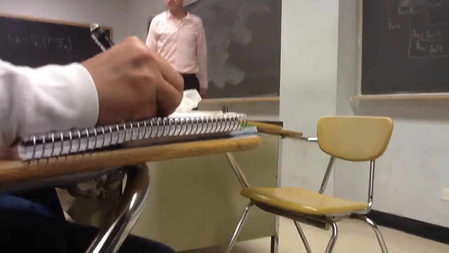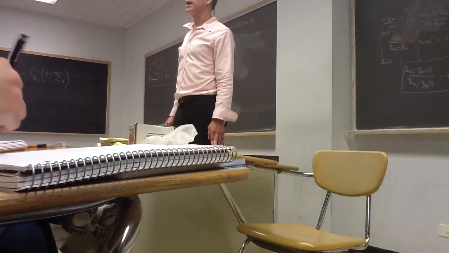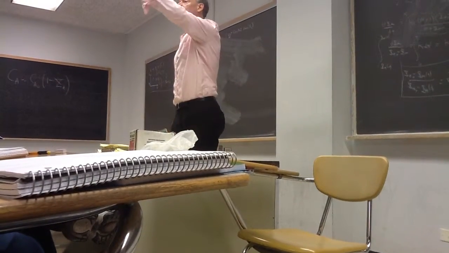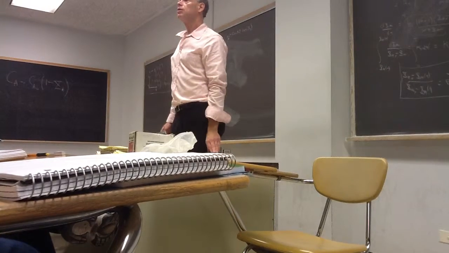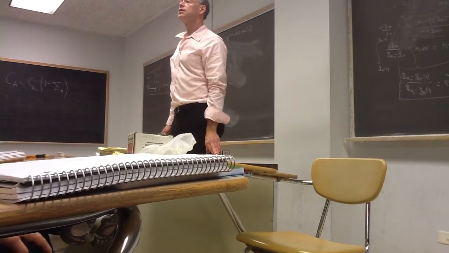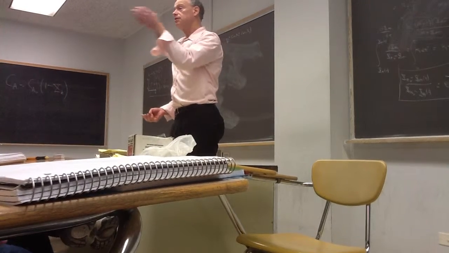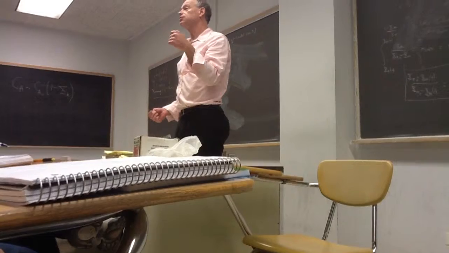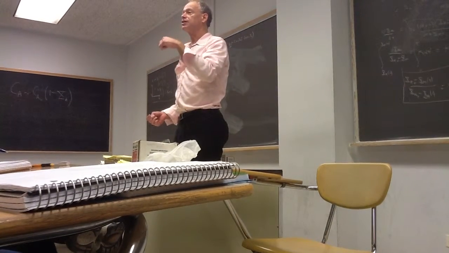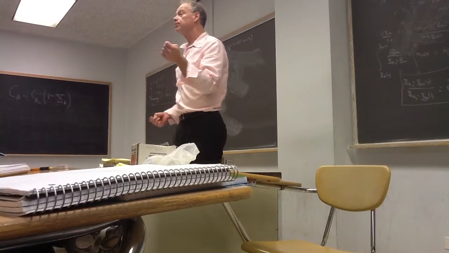What physical situation would give us a non-constant density reaction? A gas reaction with what? What has to happen in a gas reaction to change the volume, to change the density?